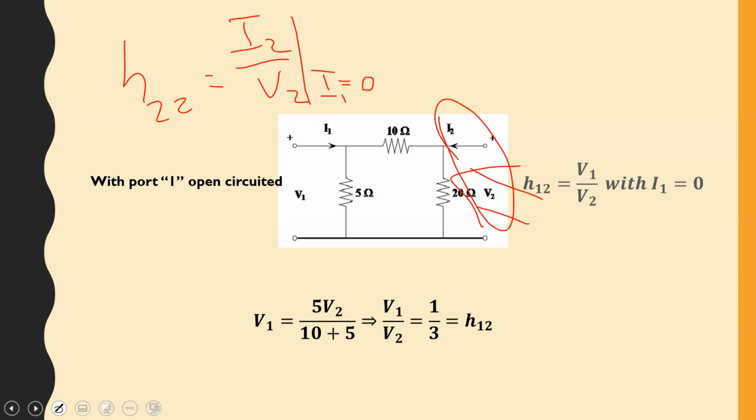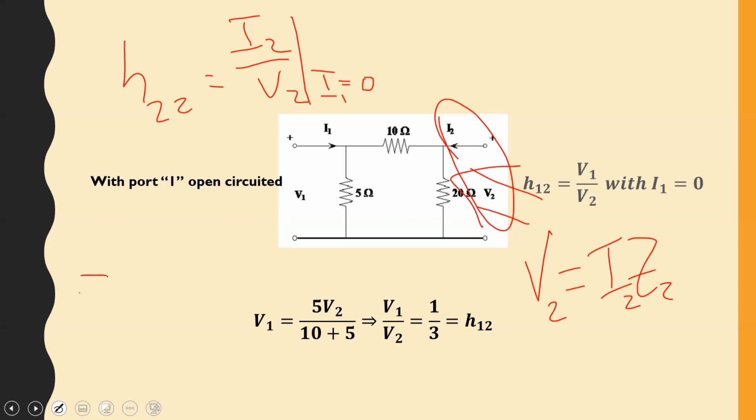Hold on. Maybe it is my questioning technique that is poor. The relationship between V2 and I2 is that V2 equals I2 times the impedance. Agreed?